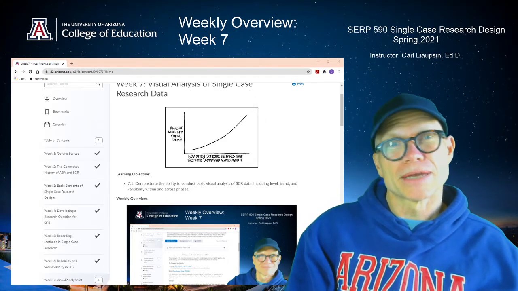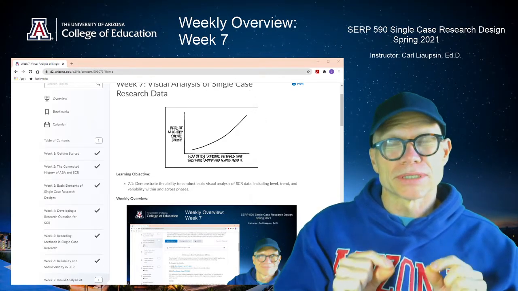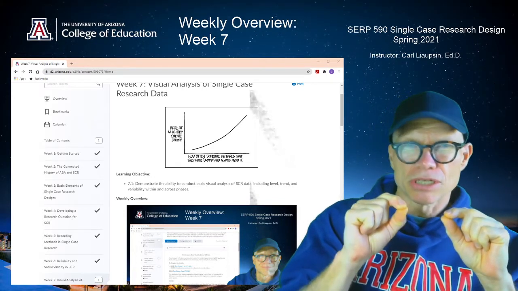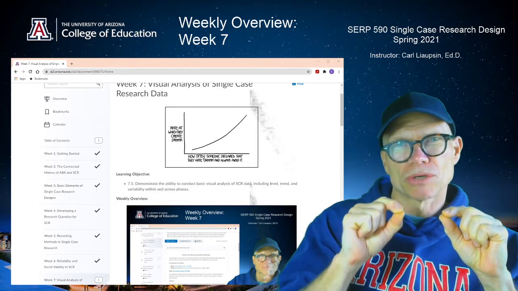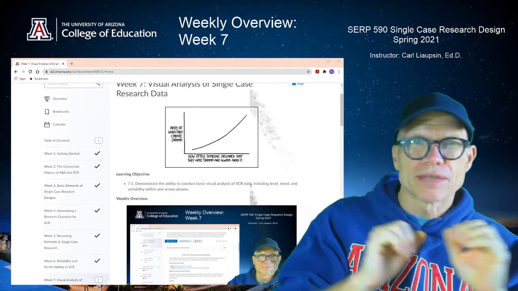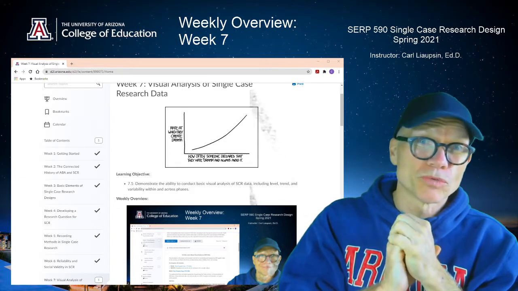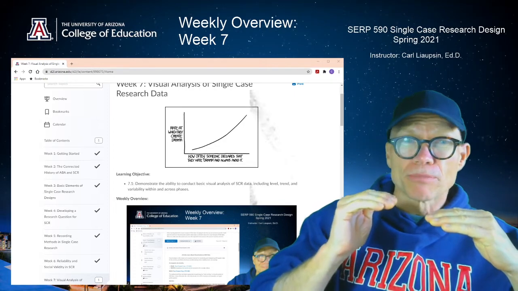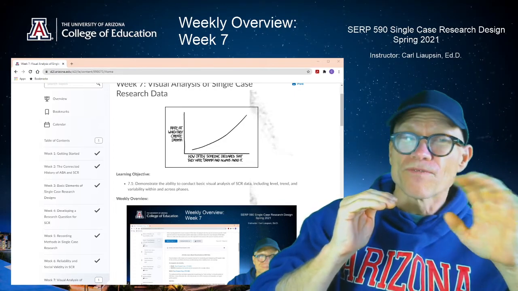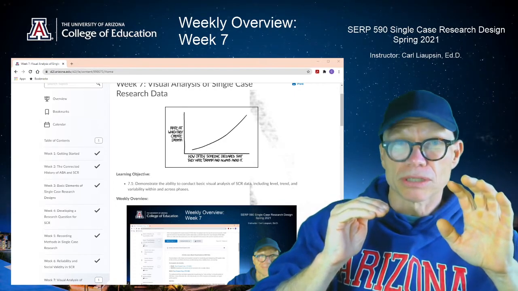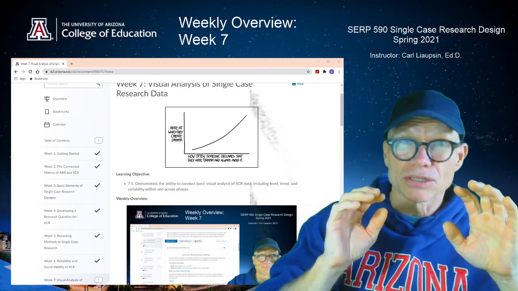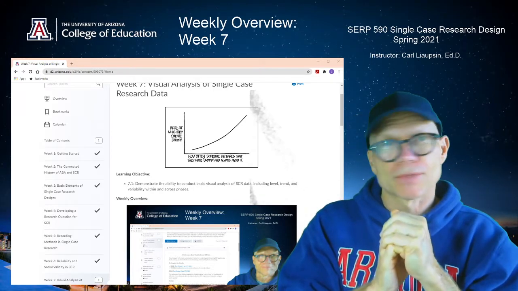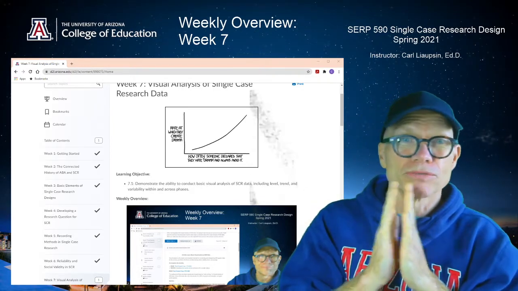We're going to learn later in looking at individual designs that you make session by session decisions based on whether your data shows particular trends, and the degree to which it's stable data, and then how you can make comparisons from one phase of your study or one condition, like from baseline condition over to intervention conditions, and then back again. All of that requires you to be able to do visual analysis.